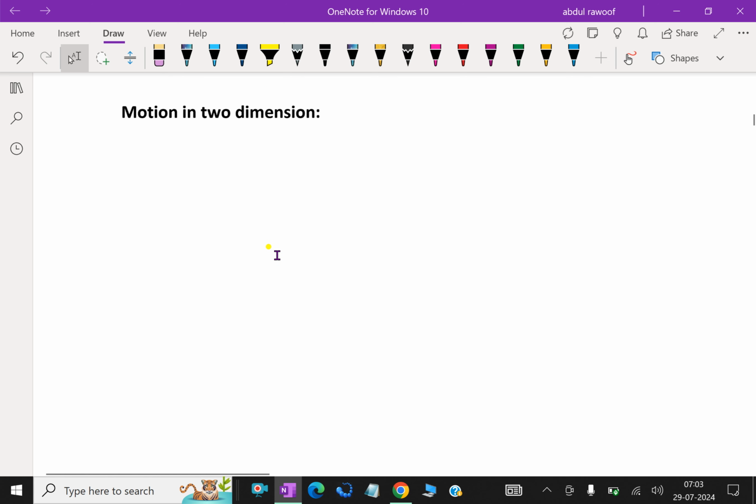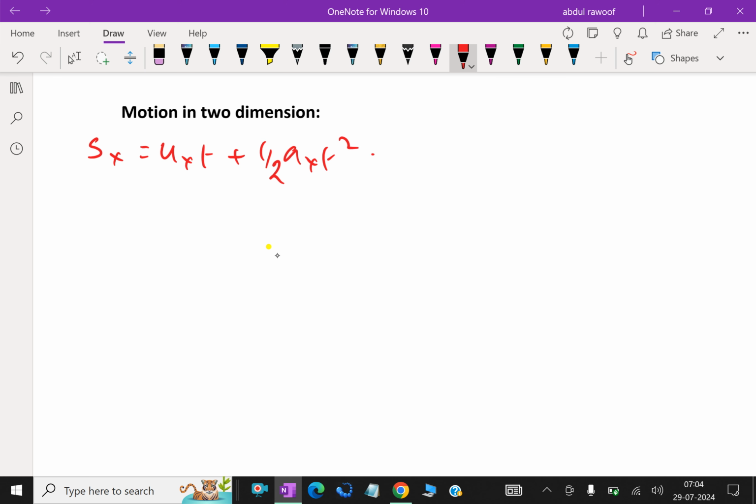Motion in two dimensions means we have x direction and y direction. Sx, the distance traveled, equals uxt plus half axt squared. Then vx equals ux plus axt.